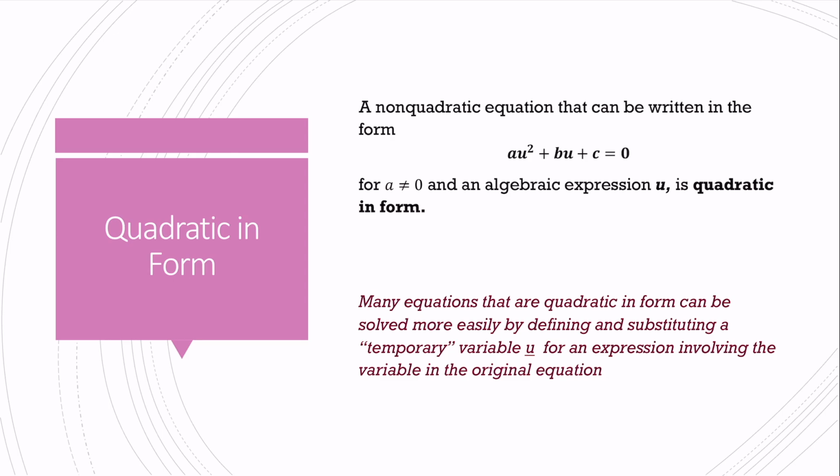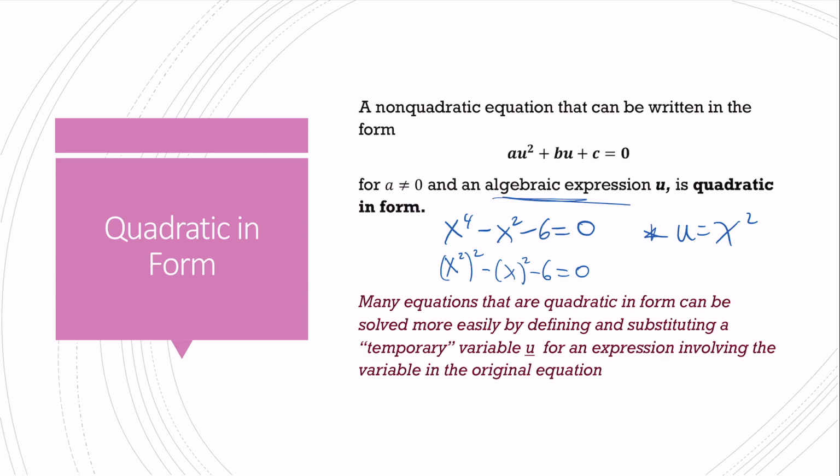Well, let's say I had x to the fourth minus x squared minus 6 is 0. This is quadratic in form because I could rewrite it as x squared, squared, minus x squared minus 6 is 0. And then we could let u be x squared, and I can still solve this equation. We let u be a temporary variable that's standing in for that algebraic expression.